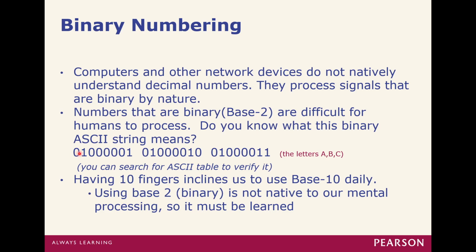Here we have 0, 1, 0, 0, 0, 0, 0, 1, multiple binary numbers, and this usually represents a letter or a symbol. We start from the right, which is how you convert from binary to decimal.